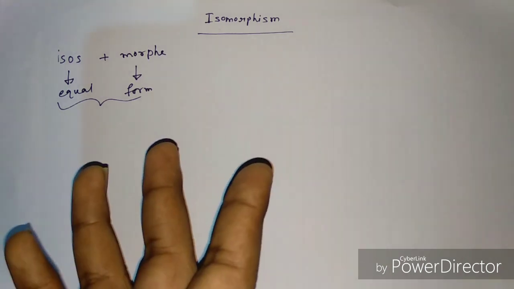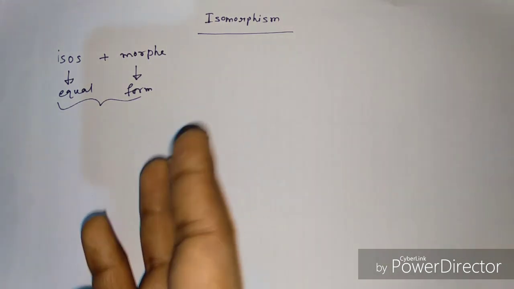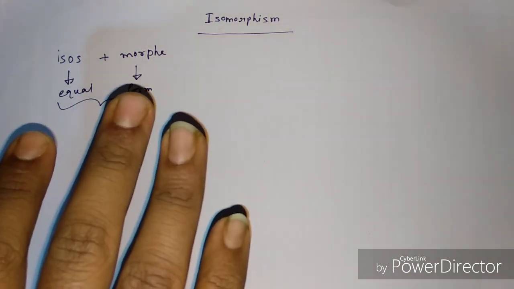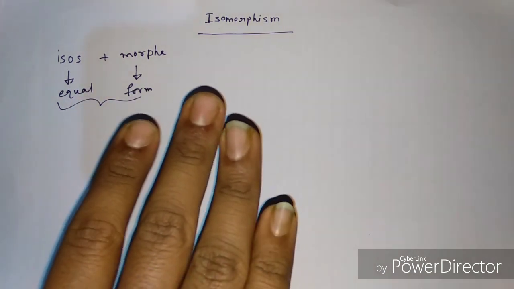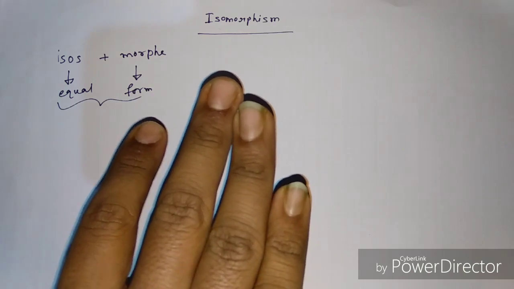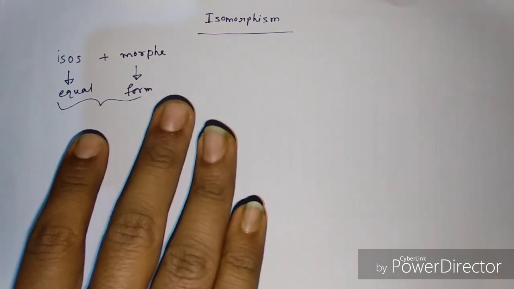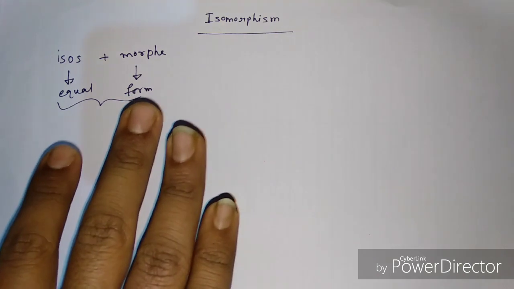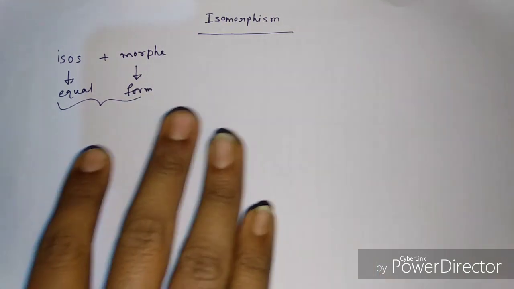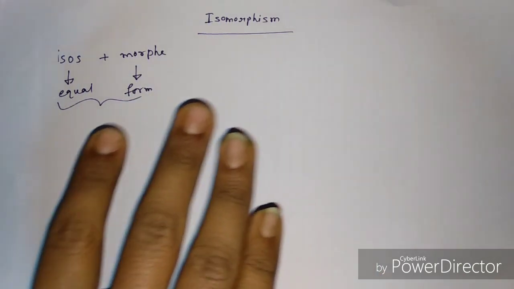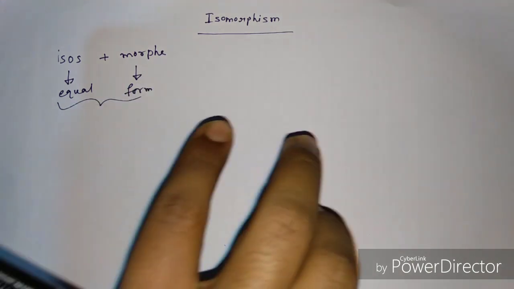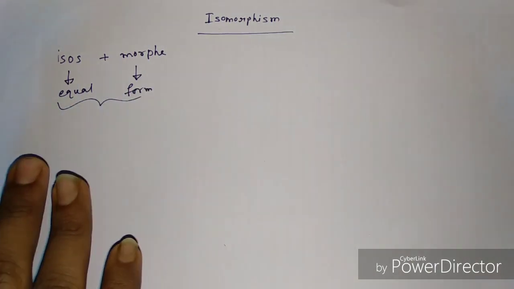Similar to isomers, there are some compounds that have a similar formula but different geometrical configuration. For example, they may form ether, alcohol or ketone.